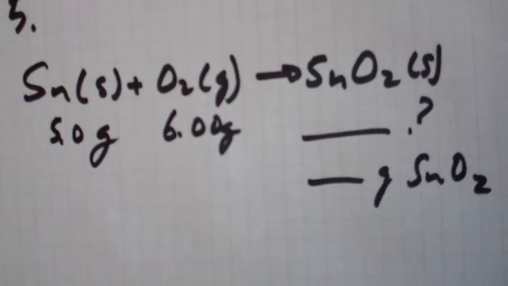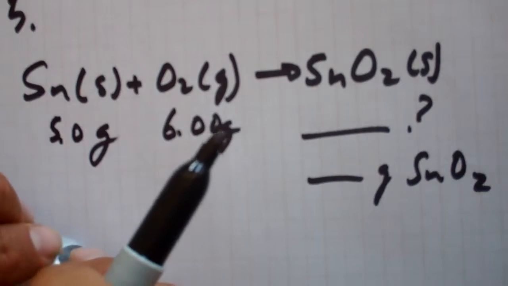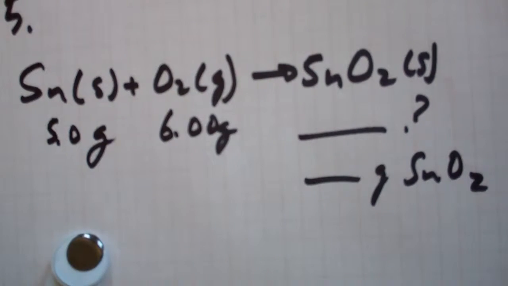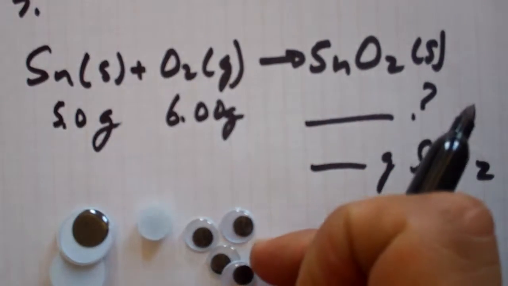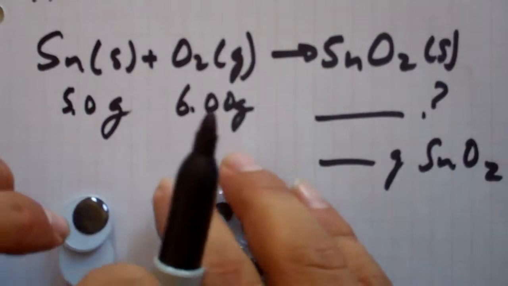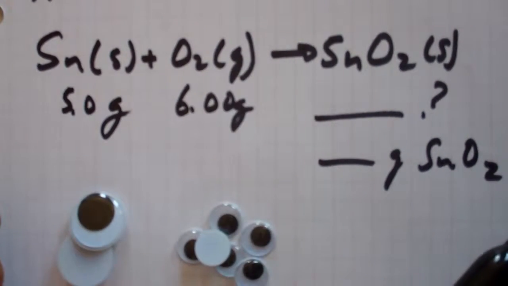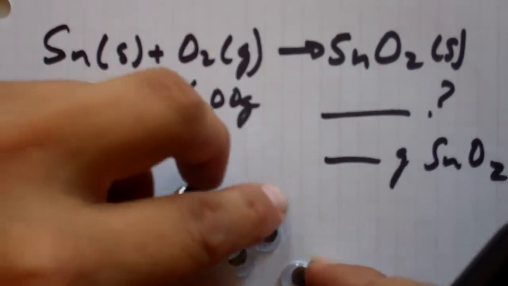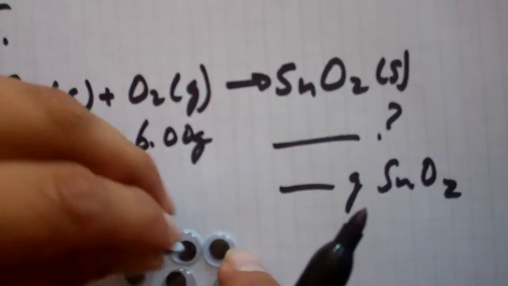If we had just Legos or something, where you just add pieces together, and we had 5 grams of these plus 6 grams of these, and this is the mass, so just imagine that these are the same kind of pile here, and then they react, and you end up with 1 left over. That would work, but it doesn't work like that.